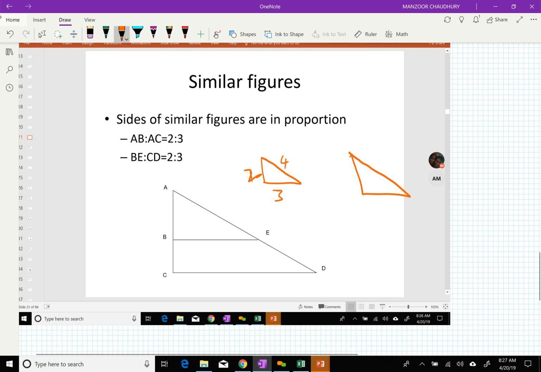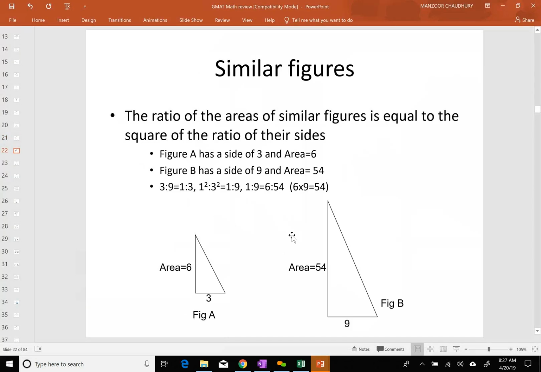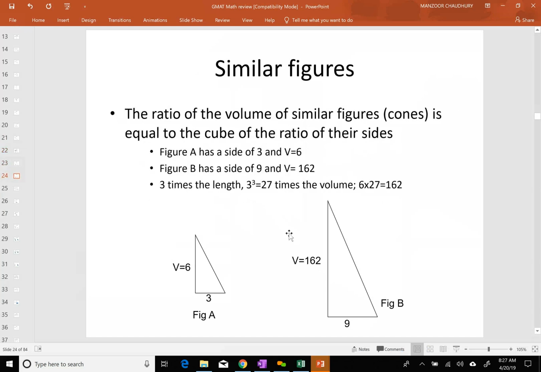If they're similar triangles, if this one is 6, that's 3 times, and all the other sides would also be 3 times. This would be 9, this would be 12. So the ratio will always hold. Don't worry about this one too much.